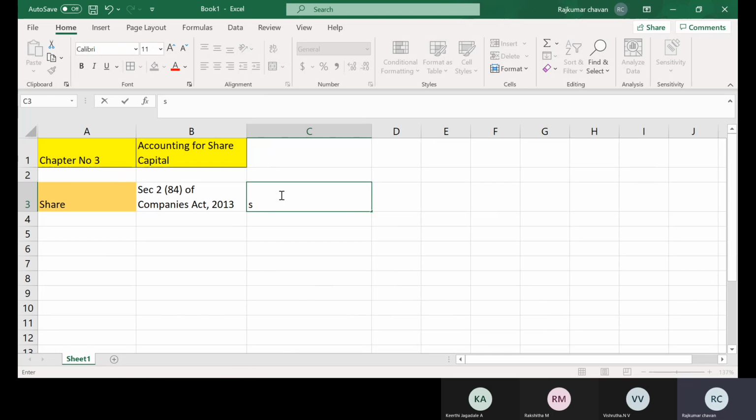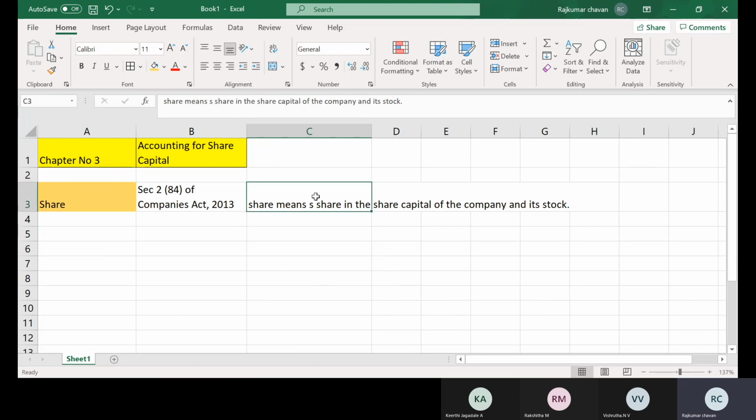Share means a share in the share capital of the company and its stock. So this is the meaning of shares.